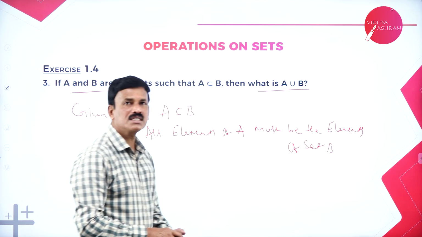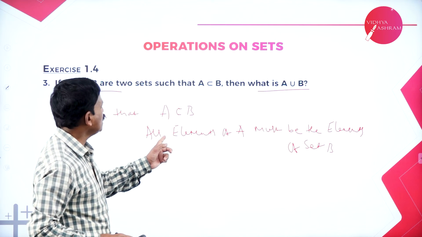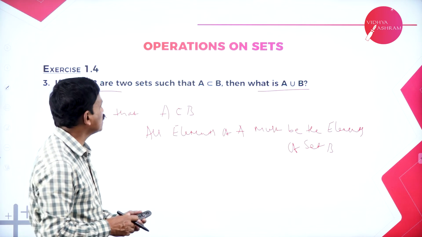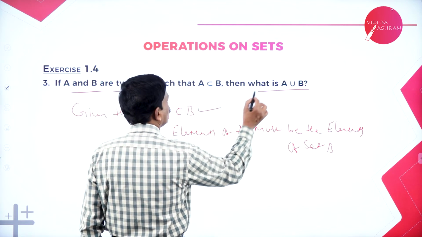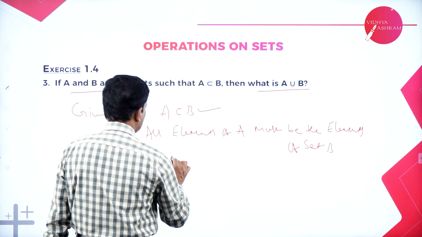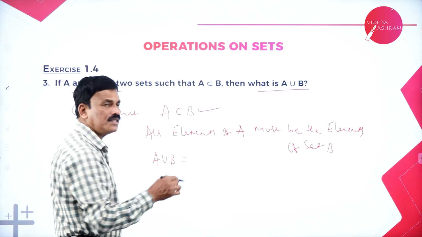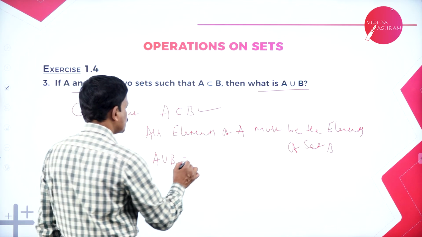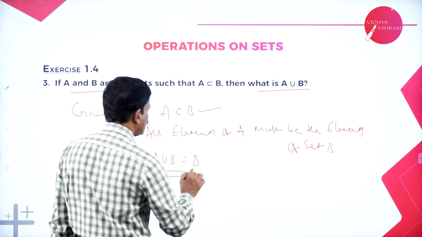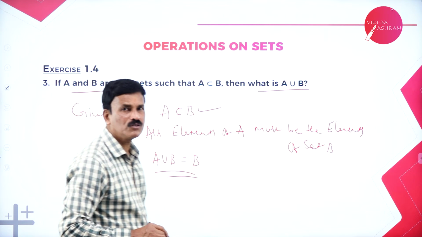Then only A is a subset of B. So, if A is a subset of B, then A union B is always equal to the same set B. A union B is equal to B, right?